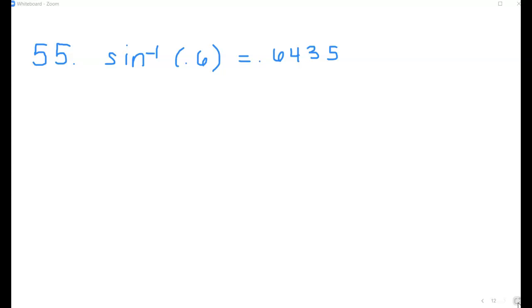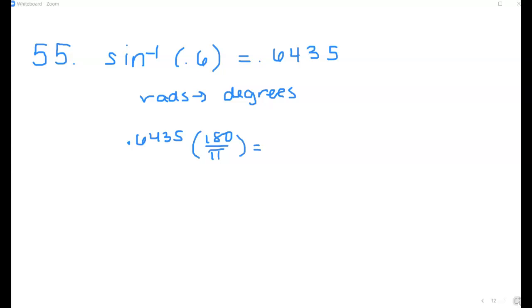It asks you to also find it in degrees. So to convert radians to degrees, you take the radians and multiply it by 180 over pi, because essentially you're canceling the pi's out. And you get 36.8698 degrees.